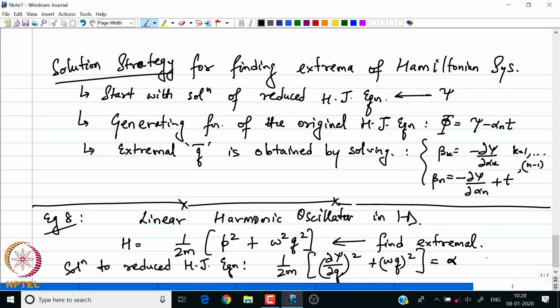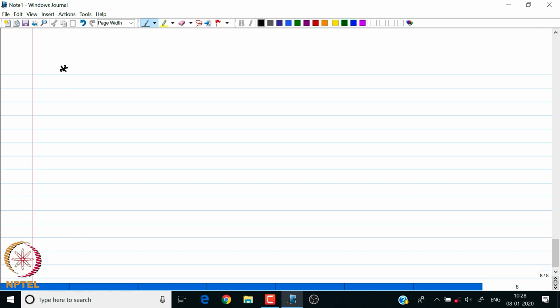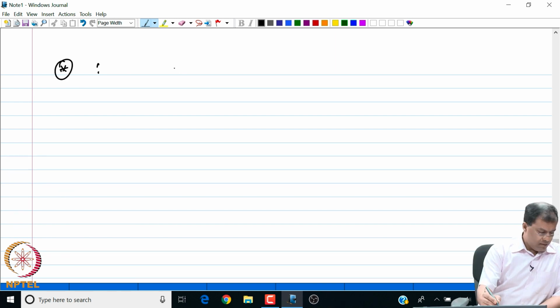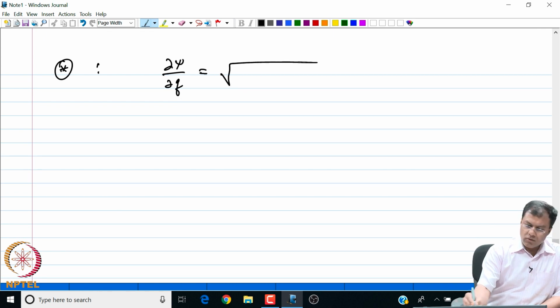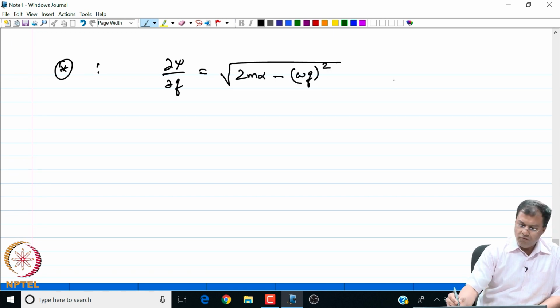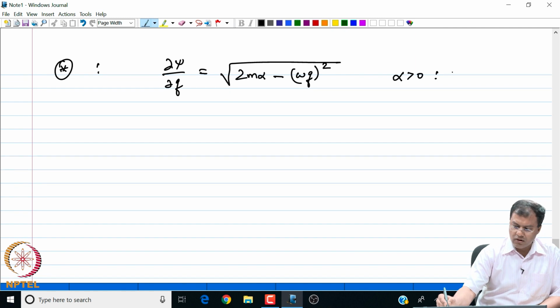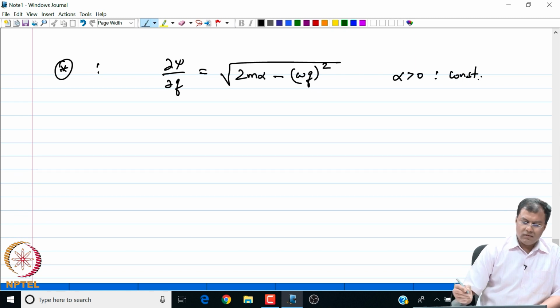So, let me call this my star. So, from star I see that the derivative of psi with respect to q is square root of 2m times (alpha minus (omega q) whole square), where alpha is positive, is a constant, right.